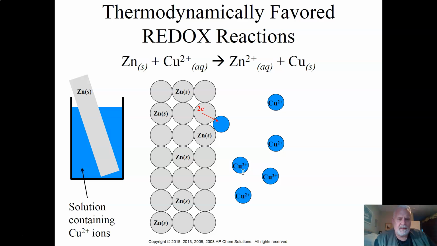So they are in essence looking to get those electrons back, and because of the activity series, the zinc is willing to react with the copper. If you did this in reverse, put a piece of copper in a zinc sulfate solution, nothing would happen. But here, the zinc is actually going to start to disappear.